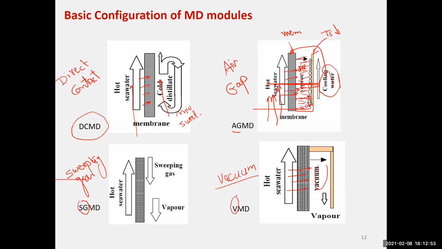So basically it's air which is passing in, say, a closed cycle that takes the vapor from here, condenses it in a location, and then it's returned back again to carry another amount of vapor. So it's going in a closed loop. When we're talking about sweeping gas membrane distillation, basically we mean air, which is being recirculated so that it takes vapor from here, condenses it, and comes and takes another portion of vapor and condenses it, and so on. Okay.